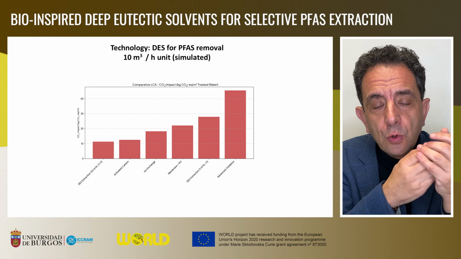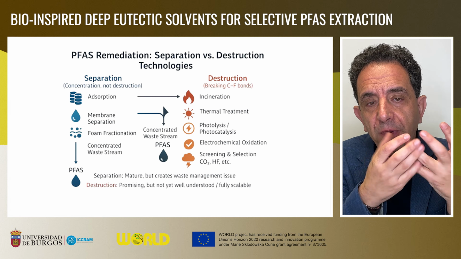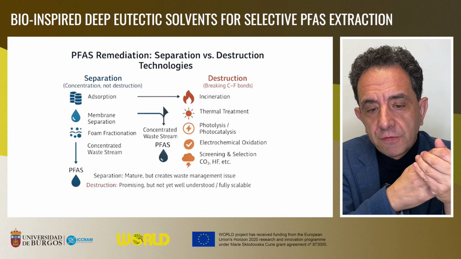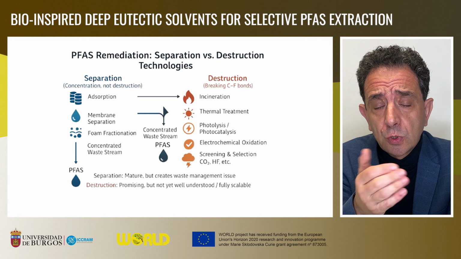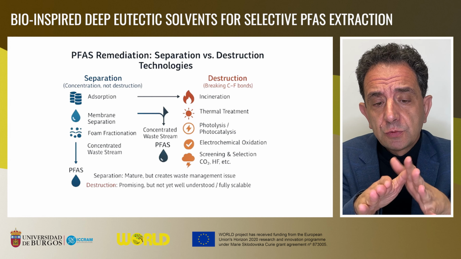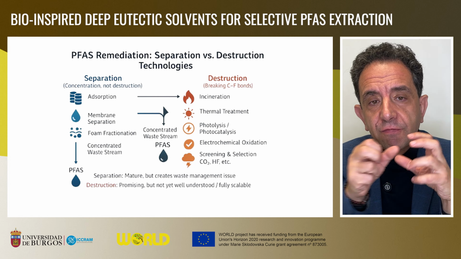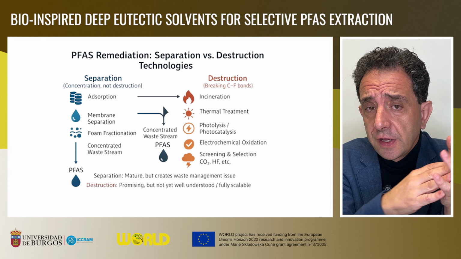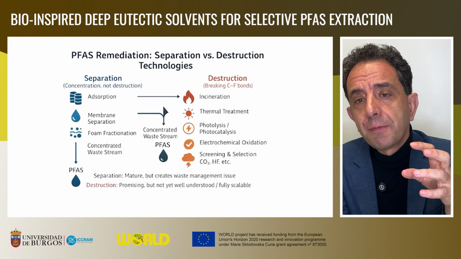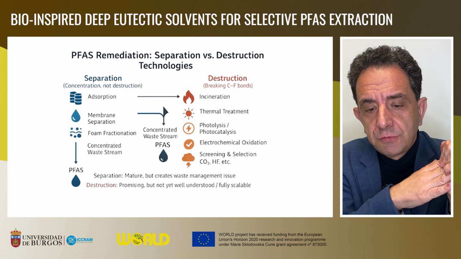At the end, what we consider is these PFAS which have been removed from the polluted water, from drinking water plants or from wastewater plants. What we do is the separation of the PFAS from this extraction phase, from this deep eutectic solvent, which can be used again in the treatment plant.